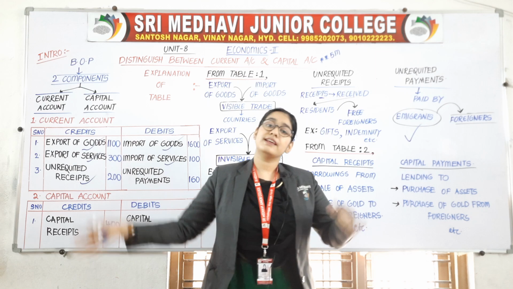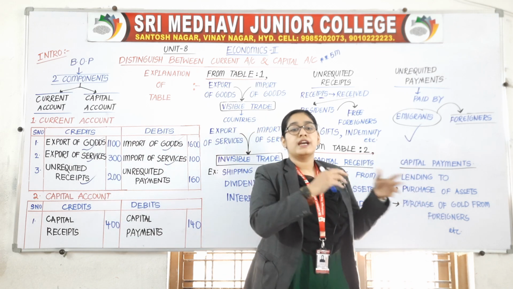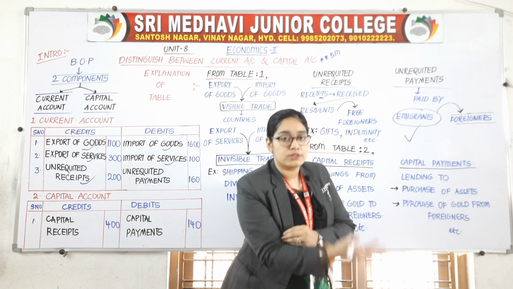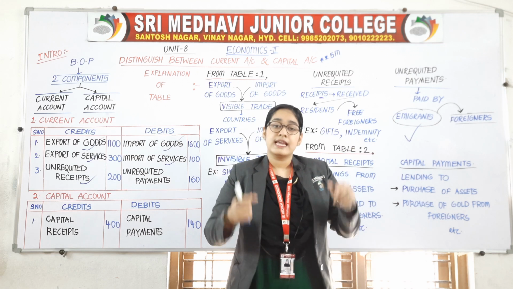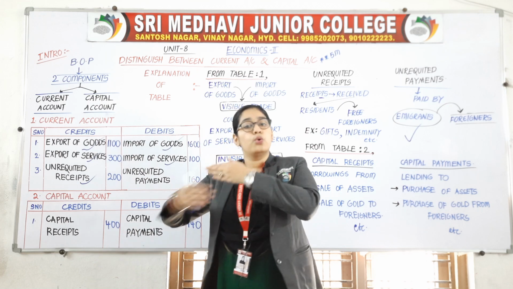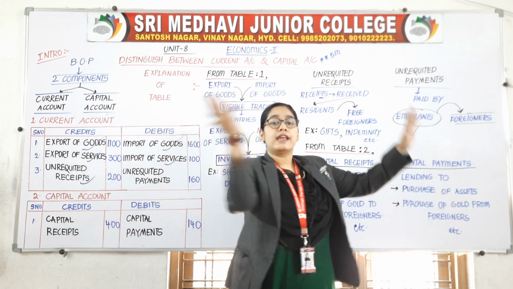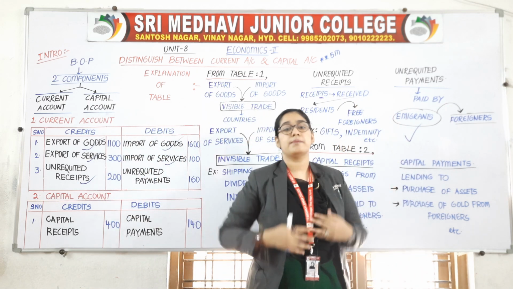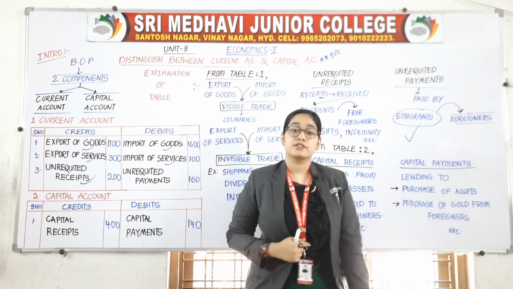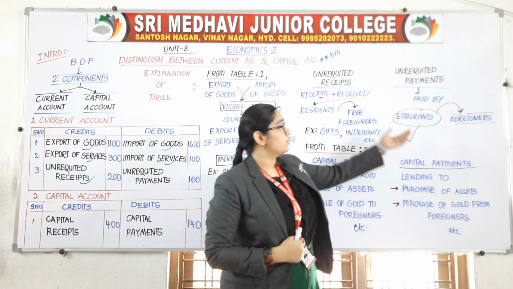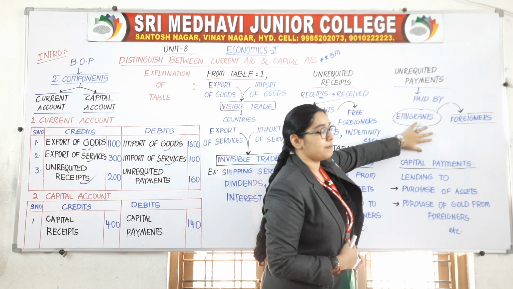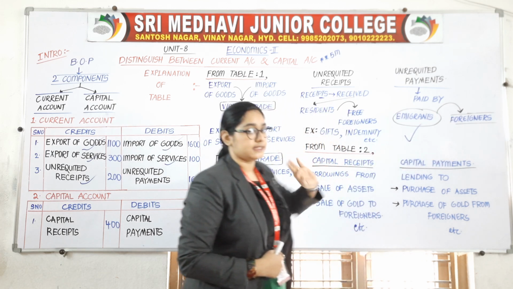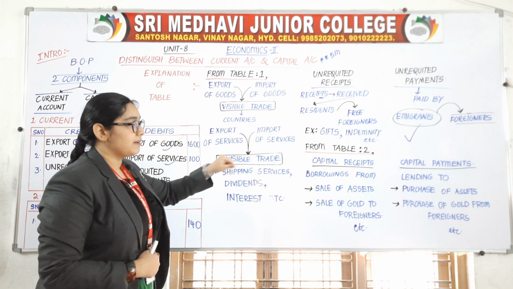So when I am living in someone's country, I need to make some payment to them. That means them here is the foreigners. Emigrants means the person who left his own country and went to some other country for permanent settlement purpose. That is called an emigrant. So unrequited payments are the payments made by emigrants to foreigners. That is clear.